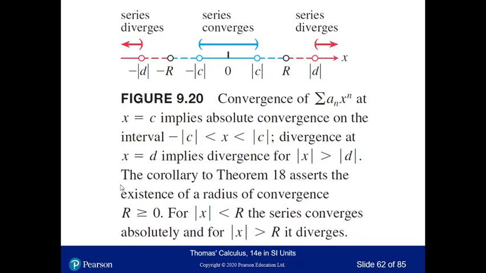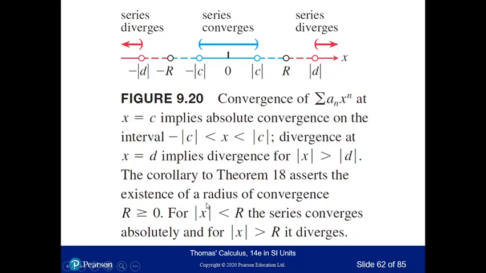So it shows us that maybe there's a radius of convergence. This r actually is called the radius of convergence, right? There's an r such that inside negative r and r, this series is going to be convergent. Outside of negative r and r, it's divergent.